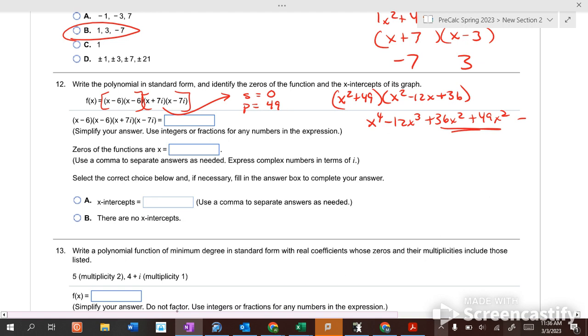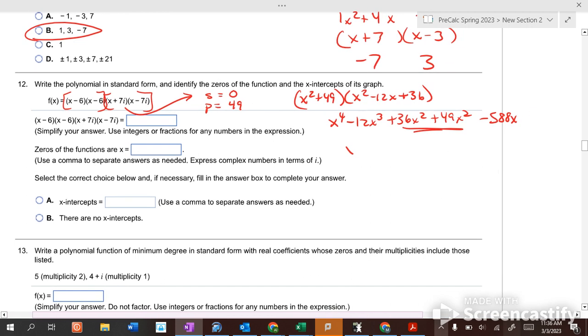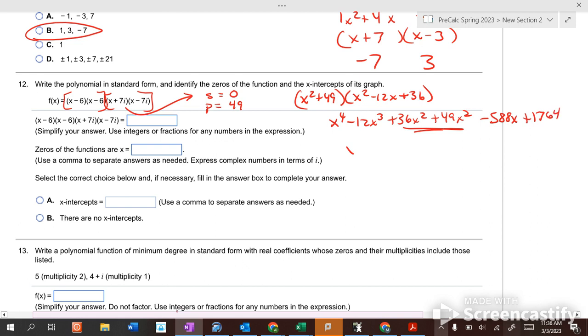Somebody, 12 times 49 with the calculator, please. 588. And then 36 times 49. 1764. So it's x to the fourth minus 12x cubed plus 85x squared minus 588x plus 1764.